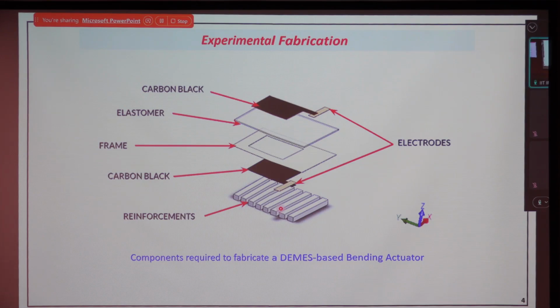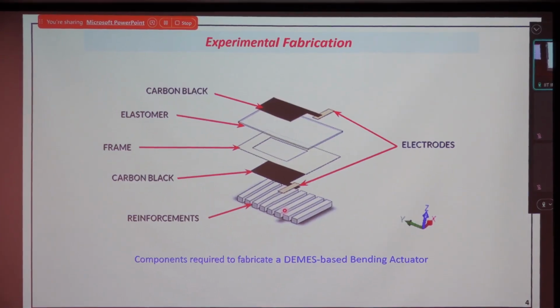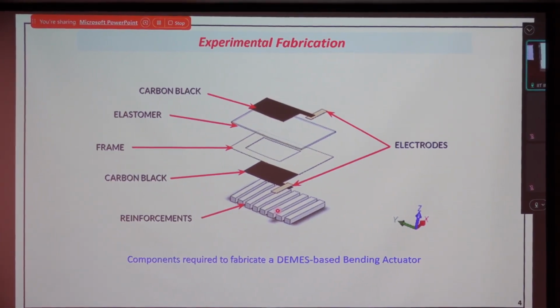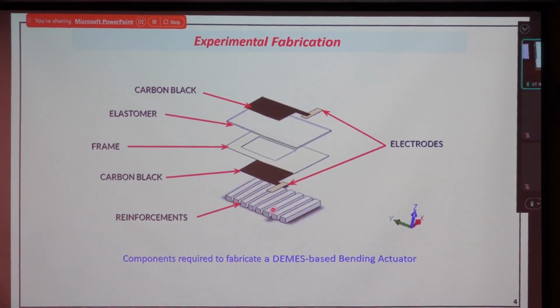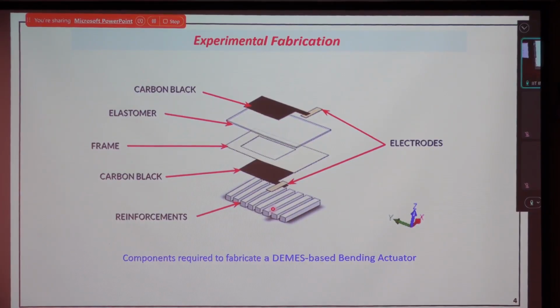That is undesirable. Especially in applications like a gripper, if you are having warping, you can't grip the object in a proper manner. So to avoid the warping, we introduce the stiffener, and we try to uniformly distribute the stiffeners along the surface of the frame.